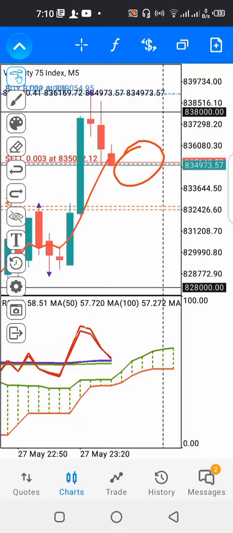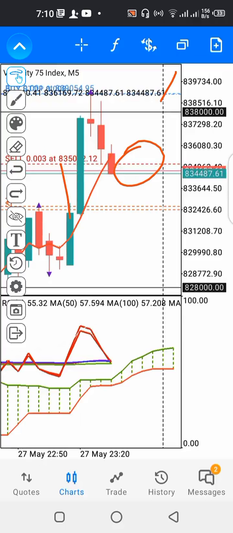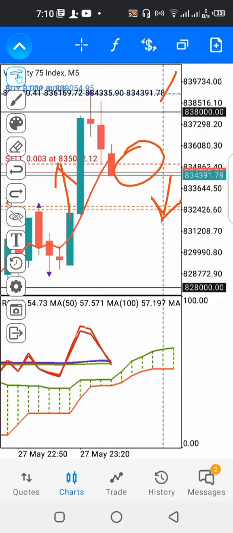Now I have two running trades. I have the buy trade running 0.001 and I have the sell trade running 0.003. If price continues and gets to this point, I will see a closeout of all trades. My trades will close at break even. Grail-Hedge strategy has come into effect and is running.